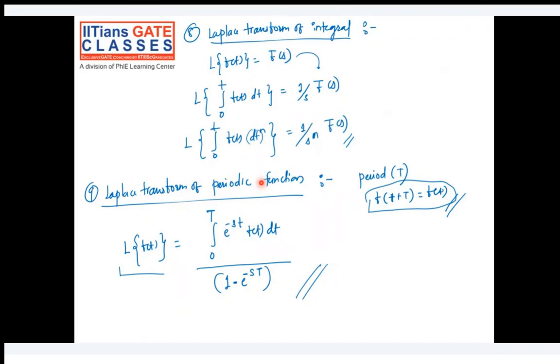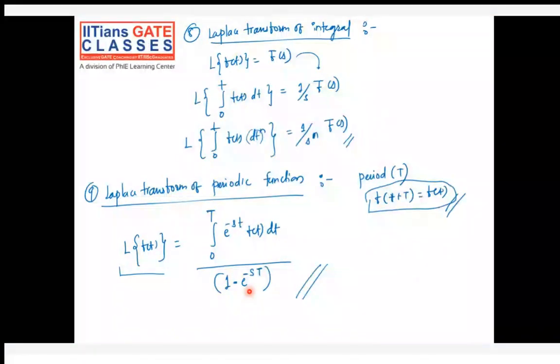In that case, the Laplace transform of such functions can be calculated as integration 0 to capital T, where capital T is the time period, of e to the power minus st f of t dt, divided by 1 minus e to the power minus sT. Here small t is a variable, whereas capital T is the period of that function. So this is how you will be dealing with the Laplace transform of periodic functions.